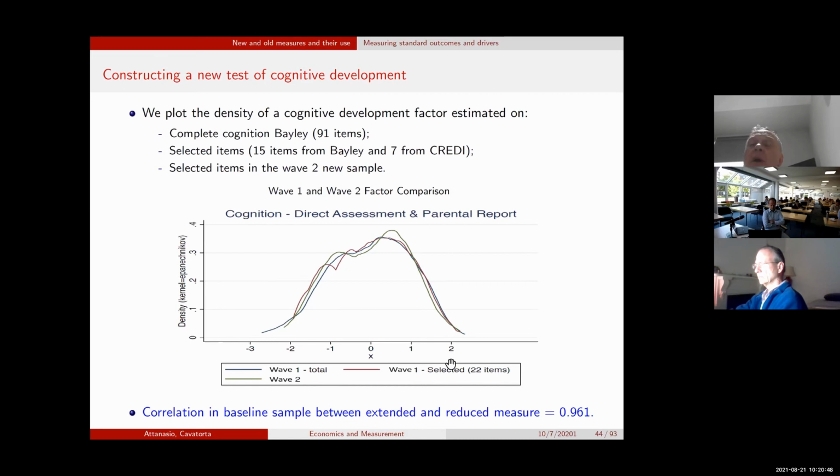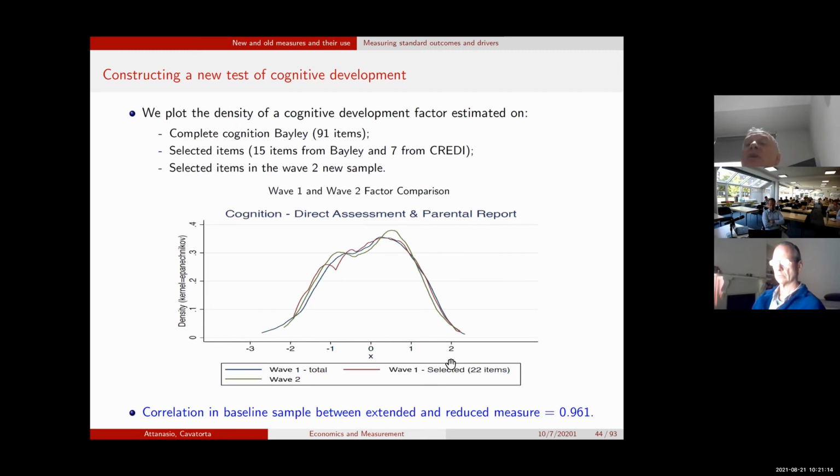So in the first wave, we collected data on the Bailey, 91 items. Then we did the factor analysis, and we selected 5 items from the Bailey and 7 from the CREDI, which is a different test done on maternal report. So, rather than 90 minutes, now you spend 20 minutes measuring the child.